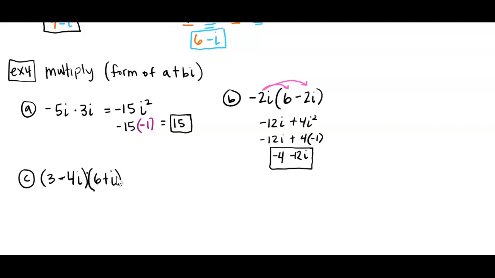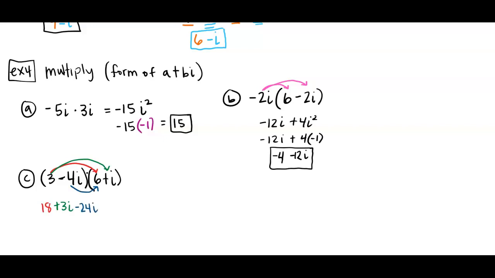Right? So we're going to take our 3 times 6, and that will give us 18. And then we'll do our 3 times 1, which will give me 3i. And then I'll do my negative 4i times 6, so that's negative 24i.